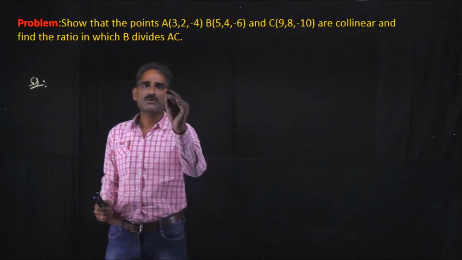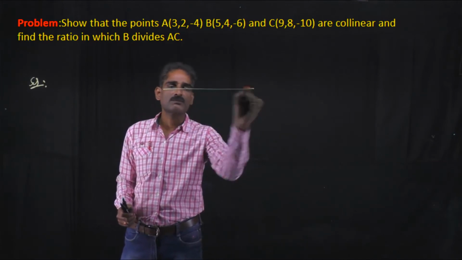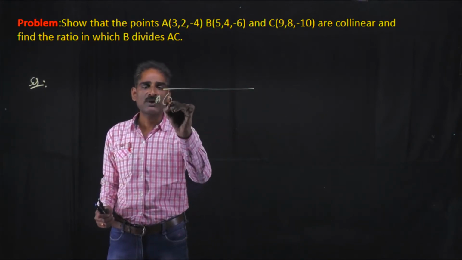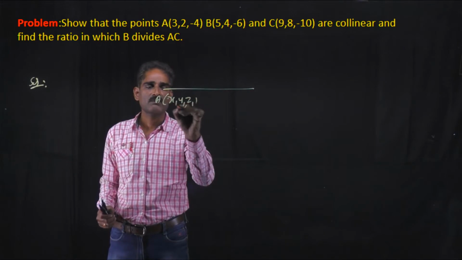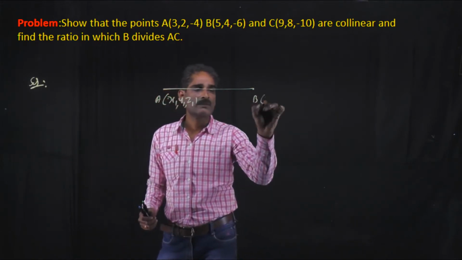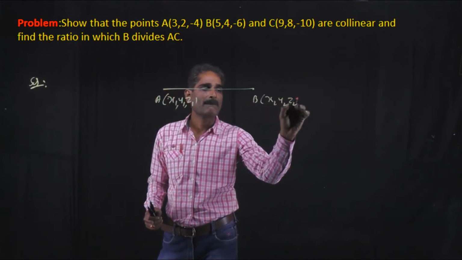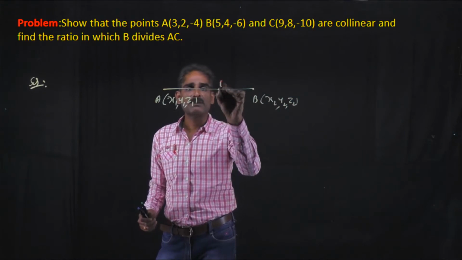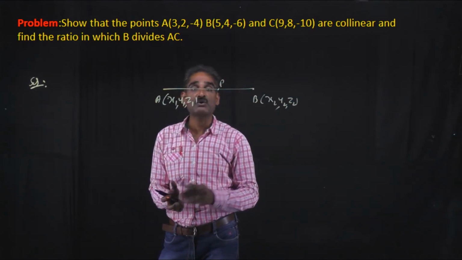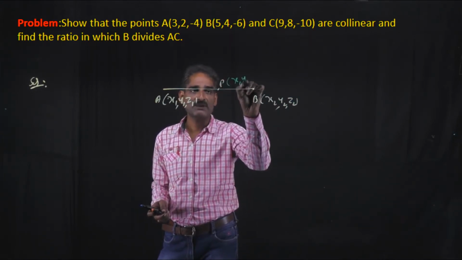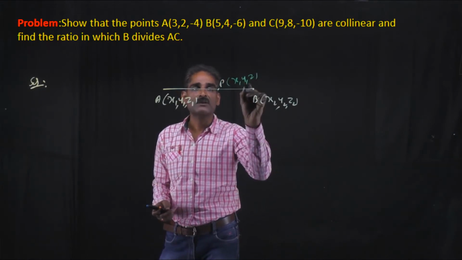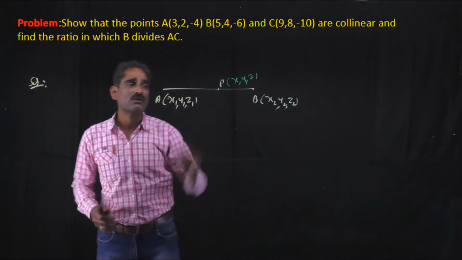Suppose these are the positions of the 2 points. Let P be any point on the line segment joining A and B, P(x, y, z). What is the ratio of AP is to PB?